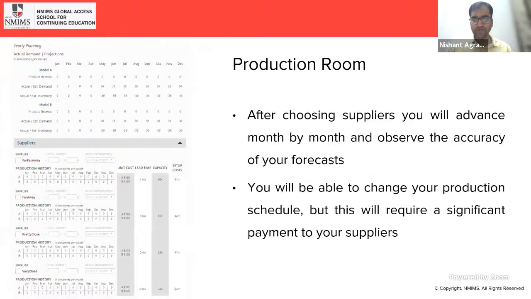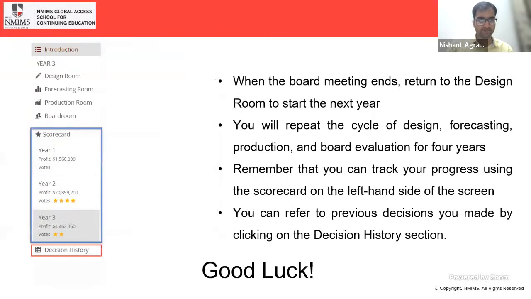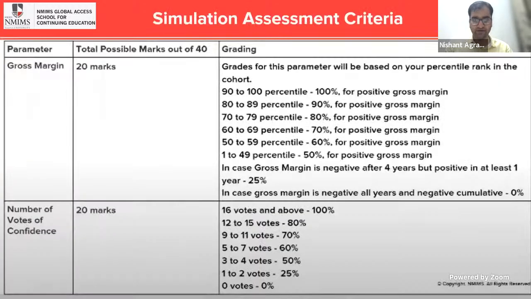After selecting suppliers, you will advance month by month, and production we have checked with more accuracy. Then boardroom performance, on the left side you can check. In this case, there will be only 2 years, right? Year one and year two.